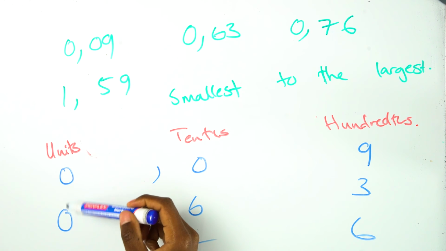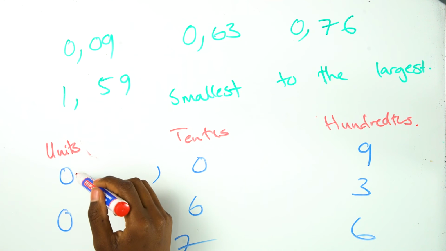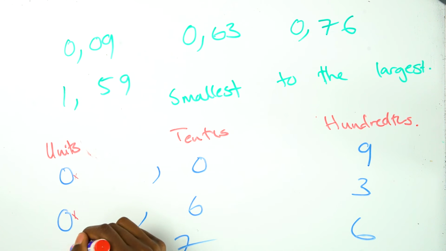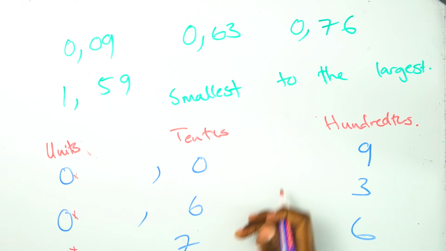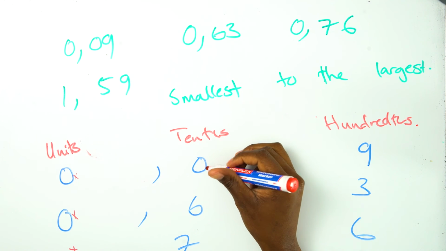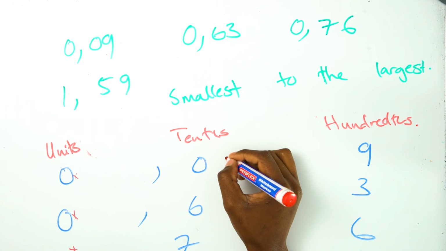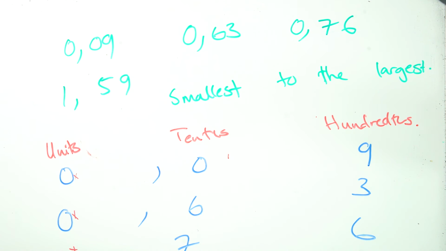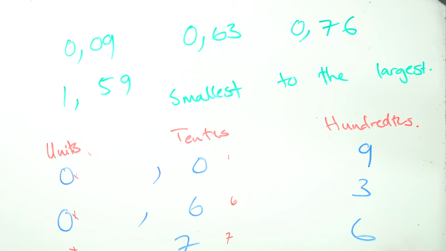So here we have 0, 0, 0, and 1 in the units. So 1 is the largest and the 0 is the smallest. And then we come to the tens. Which one is the smallest? We have 0, 6, 7, and 5. The smallest is 0 followed by 5 followed by 6 and 7.